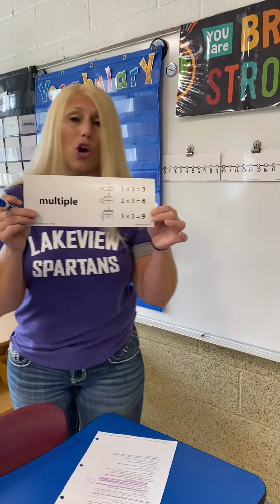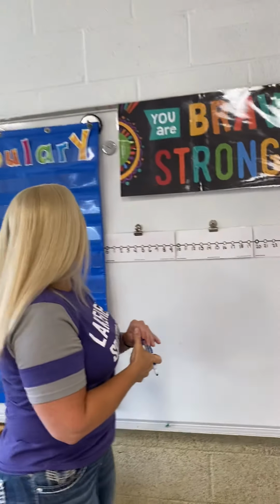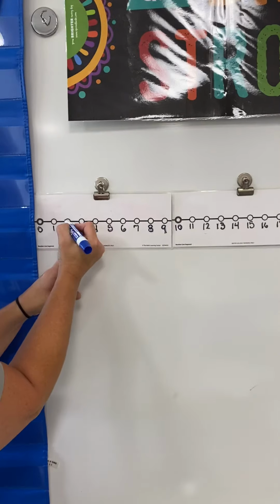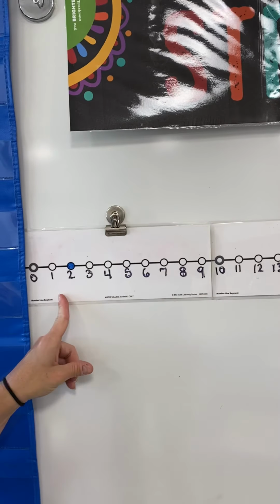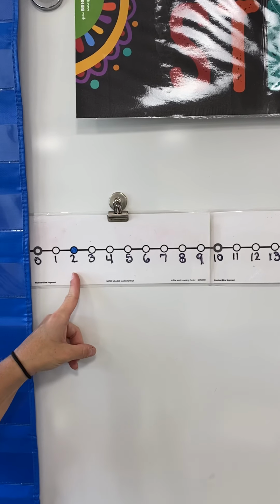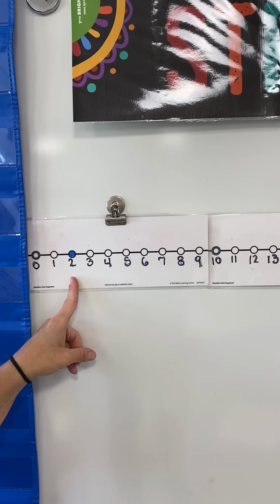So we're going to start with the multiple of the number 2. So we're going to start with 2, and we're going to make all of the multiples of the number 2 blue. So if I'm looking for another multiple of the number 2, think about what do you need to do to find another multiple of the number 2.